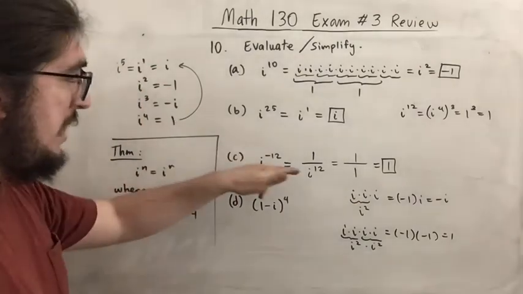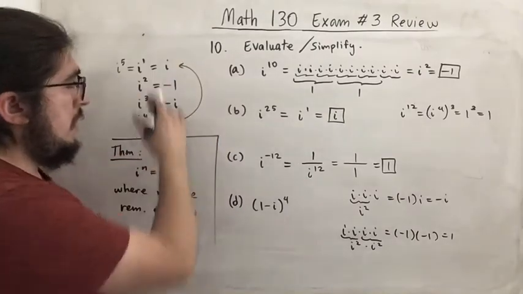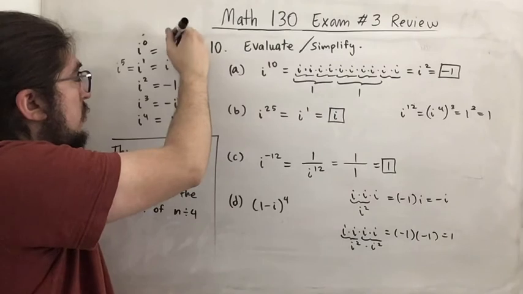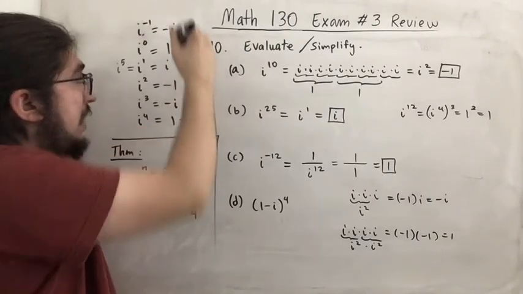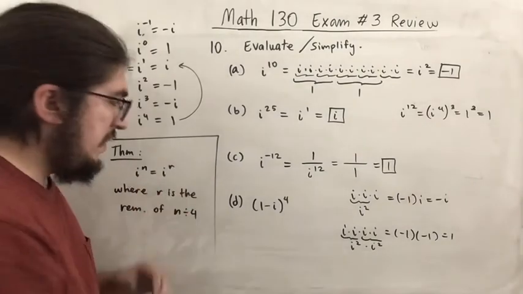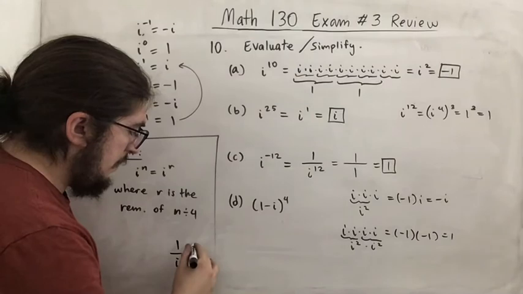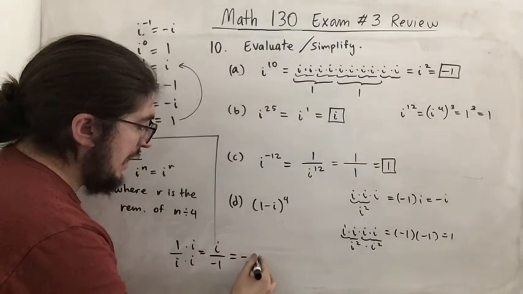But in fact, with negatives, this idea works as well. If you were to go beyond in this direction, i to the 0, anything to the 0 is 1. i to the negative 1 is actually negative i. Now again, that's not super obvious at first glance, but it's 1 over i. And if you multiply top and bottom by i, you get i over i squared, which is negative 1, so that is indeed negative i.